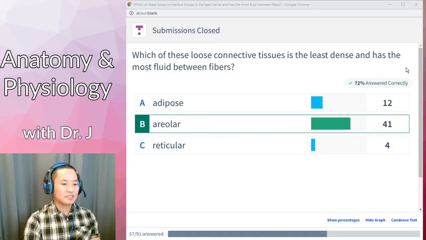Adipose tissue doesn't have a lot of protein fibers, but it's jam-packed with fat cells. That's why areolar is the one that has the most ground substance and is most fluid-like. It does have some proteins to support, but it is the least dense of the connective tissue proper.